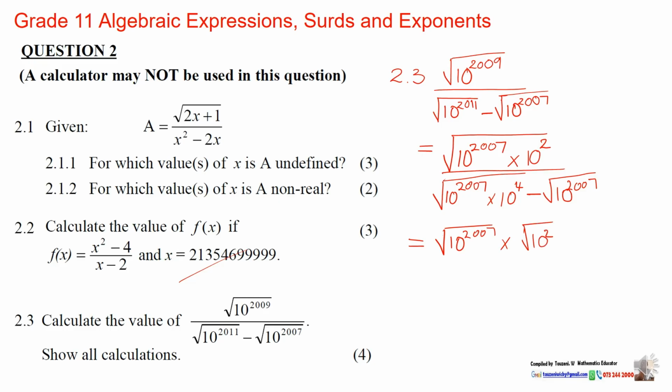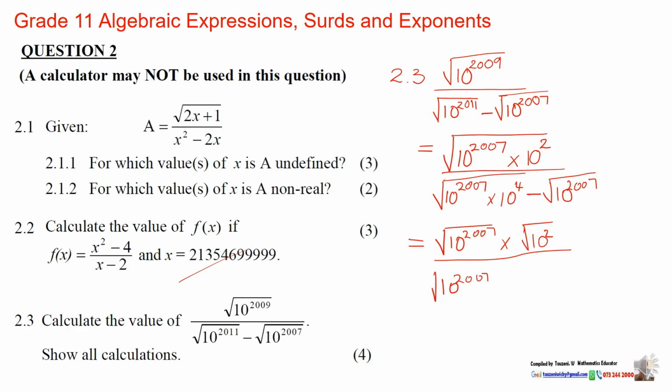We put these two numbers under different square roots. Then at the bottom here, we also do the same thing. Write the square root of 10 to the power of 2007.